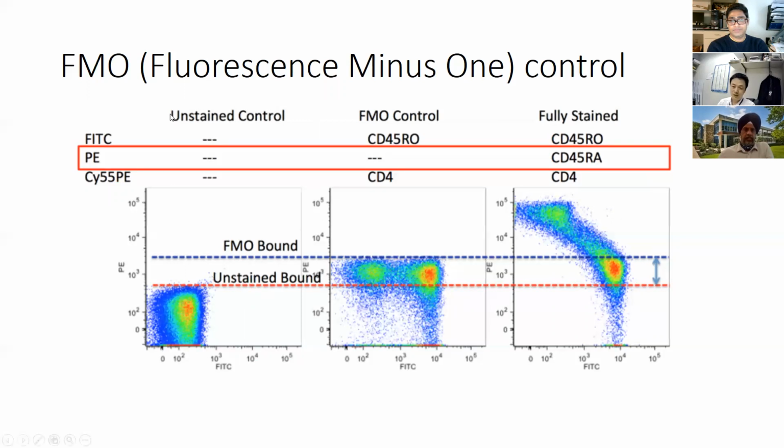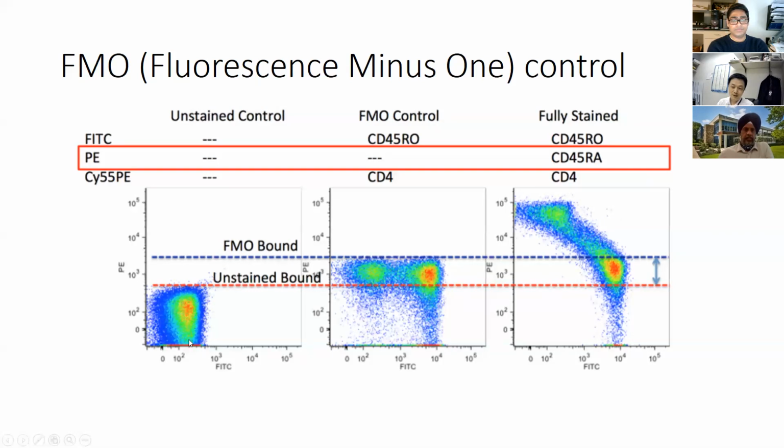This example uses 3 colors, Physi, P, and P psi 5.5, looking for T memory cells. It only gives you a plot of Physi against P, but we already know there is another color that isn't showing up here.